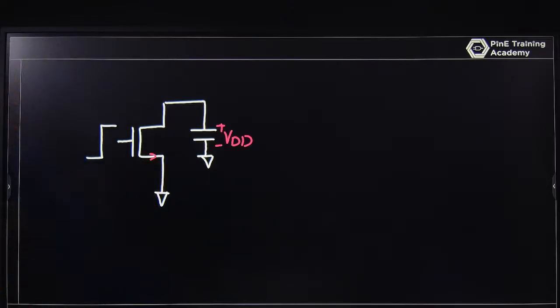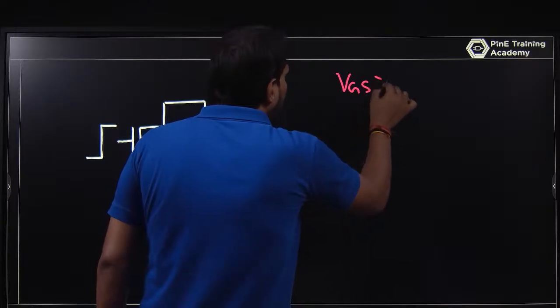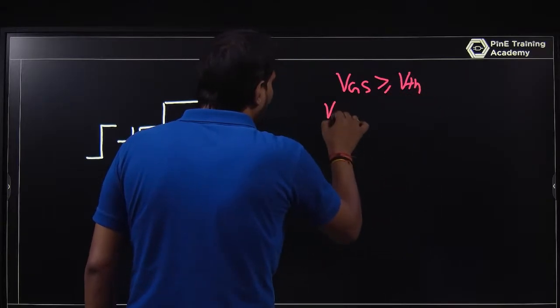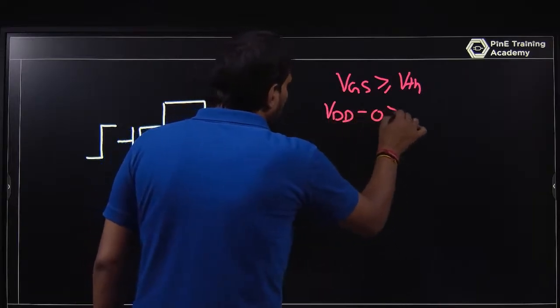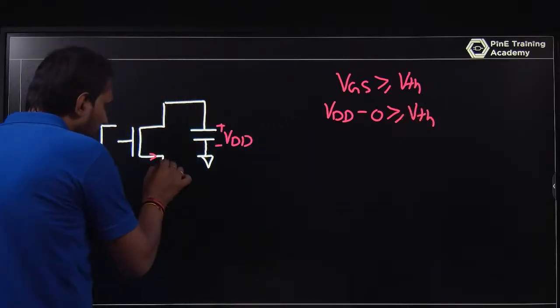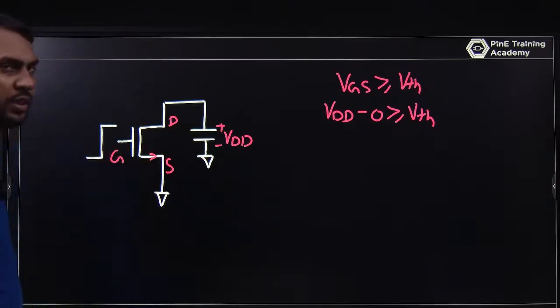So what is the condition for the MOSFET to be on? That VGS is greater than or equal to VTH. The gate voltage is high for an NMOS and the source voltage is 0, so VGS is greater than or equal to VTH. This is the source, this is the drain, this is the gate. The gate has a higher potential, the source has a lower potential, that is ground, so VDD minus 0 is greater than or equal to VTH.